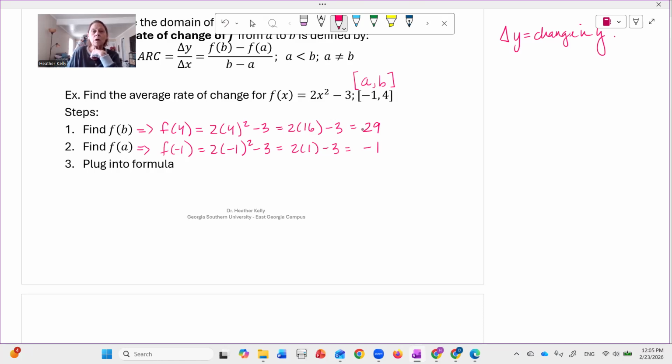And now we're going to plug all this into the formula. The formula is f of b minus f of a over b minus a.